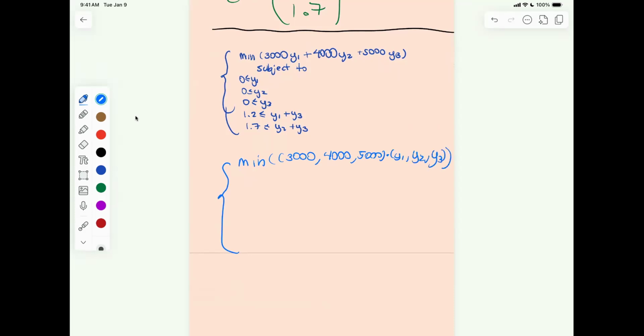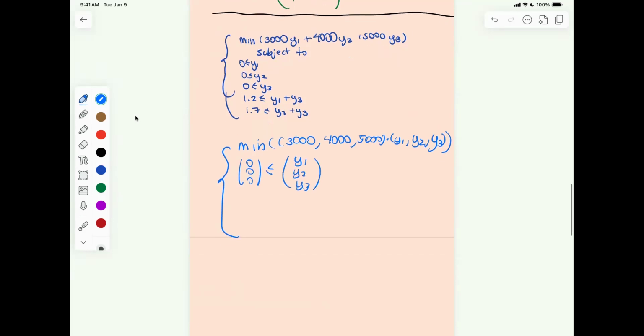And the first three conditions, I can assemble them into a single vector. So I can say that 0, 0, 0 is less or equal to y1, y2, y3. That's useful. Now I have two inequalities and three variables, so two inequalities, three variables is 2 by 3. So I'll put it like this.